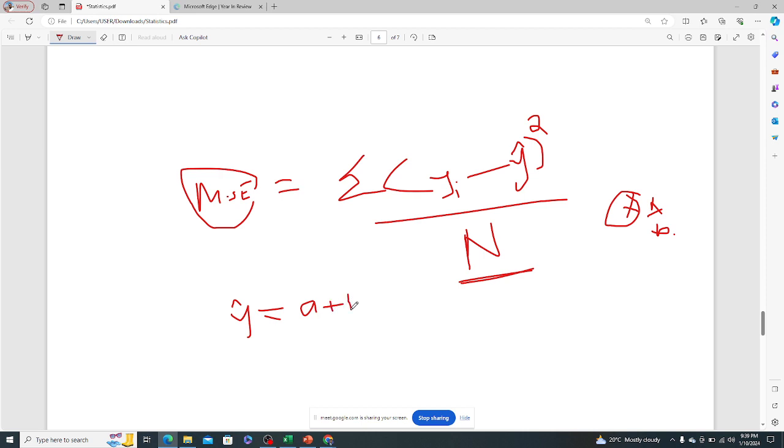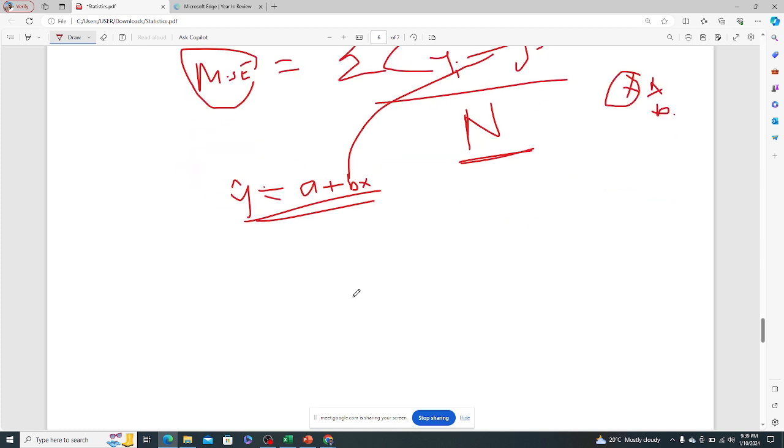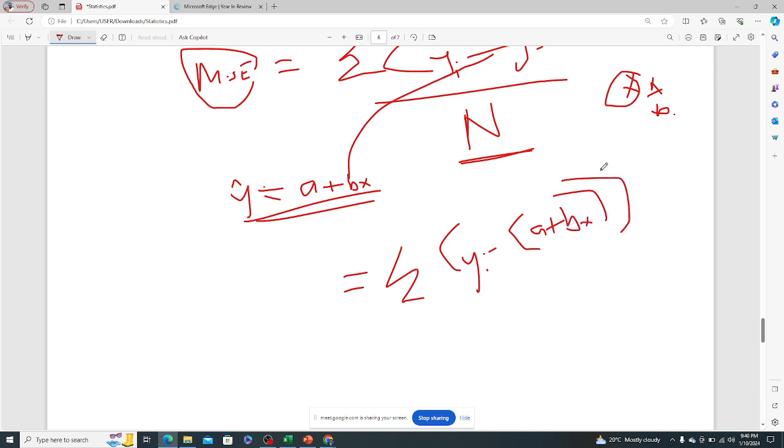Whatever they have done here, they have just taken the summation of yi, then minused the predicted value, which is the y-hat, a plus bx, then you square and divide by n. So basically, this is the formula for mean squared error.